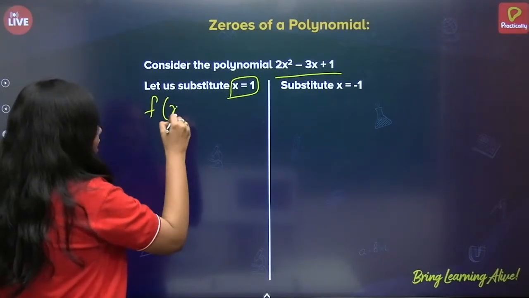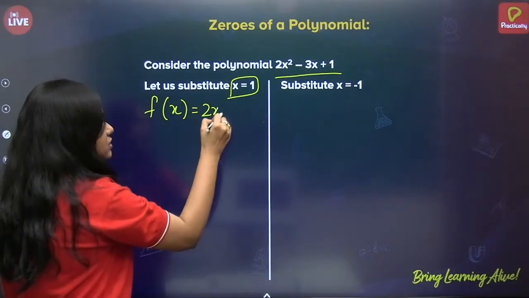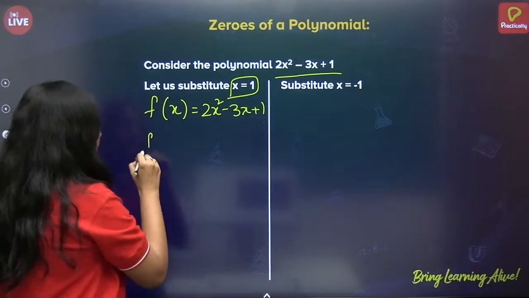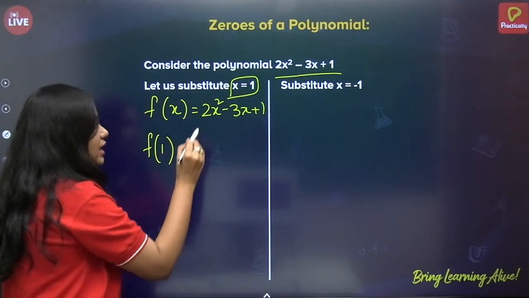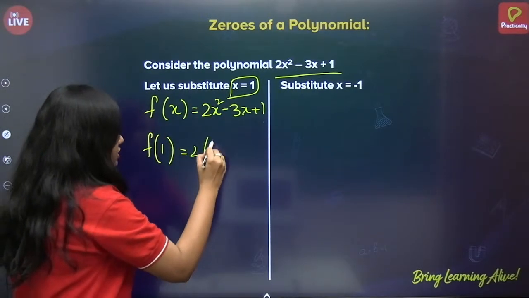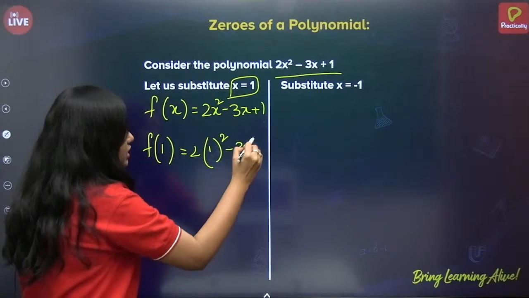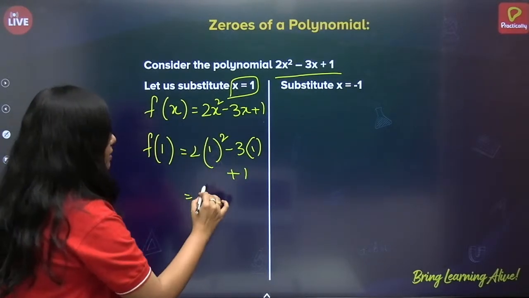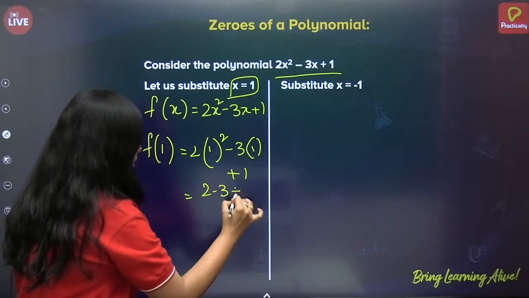So f of x is equals to 2x square minus 3x plus 1. F of 1, that is x is equals to 1. What we'll get? 2 of 1 square minus 3 of 1 plus 1. So this is 2 minus 3 plus 1.